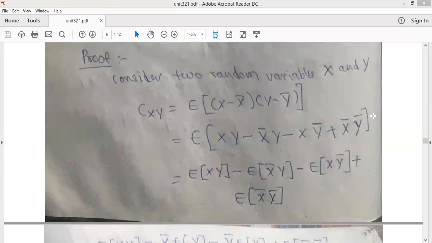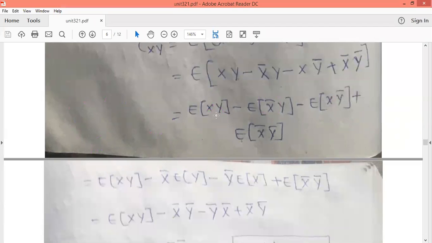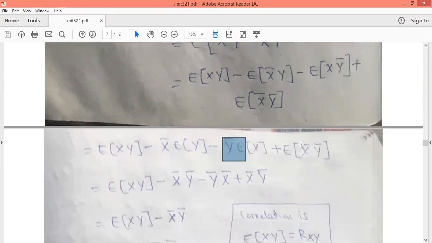So this equation can be written as the expected value of xy minus x bar (x bar is constant) times the expected value of y, and here y bar is constant, y bar times the expected value of x, plus the expected value of x bar y bar. We also discussed that x bar y bar is also constant, so the expected value of x bar y bar is equal to x bar y bar only, because the expectation of a constant is equal to the same constant.